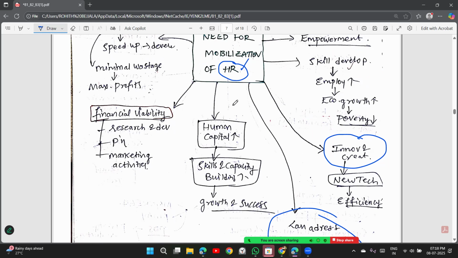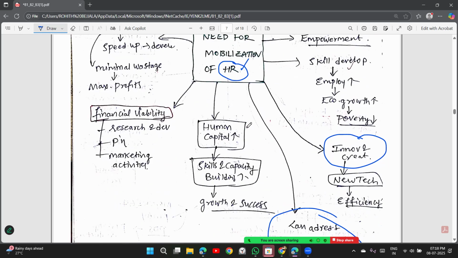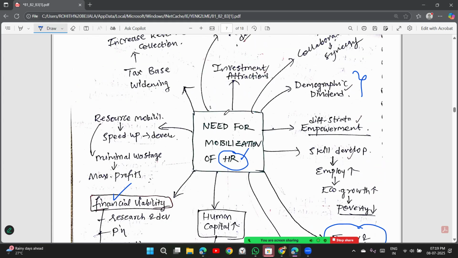And also, the need for human resources is for the success of the economy, and it will increase the financial viability for research and development, production, and marketing activities. Thus, everybody will have some money, so that everybody will be happy at the end of the day if this happens well. So for that, we need to do educational development and all those things.